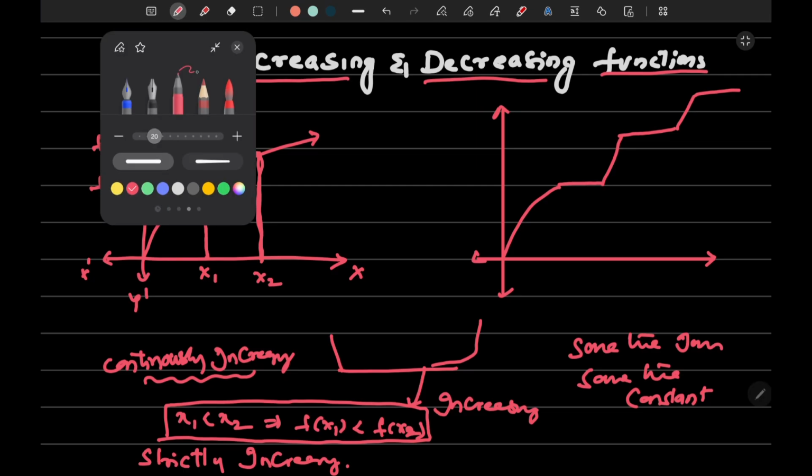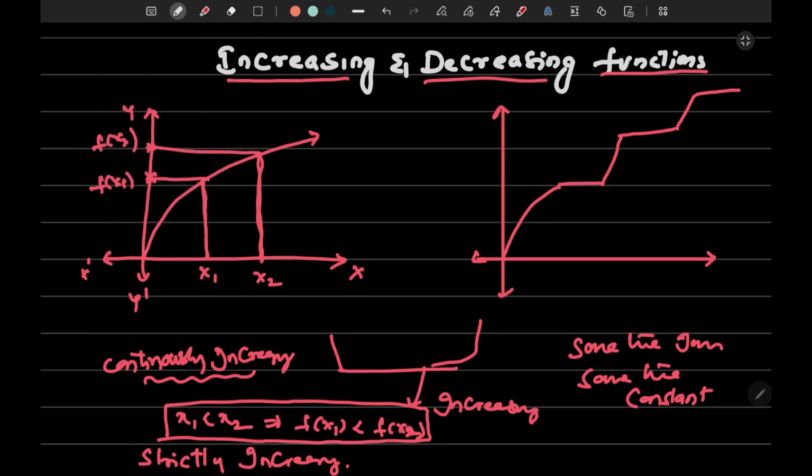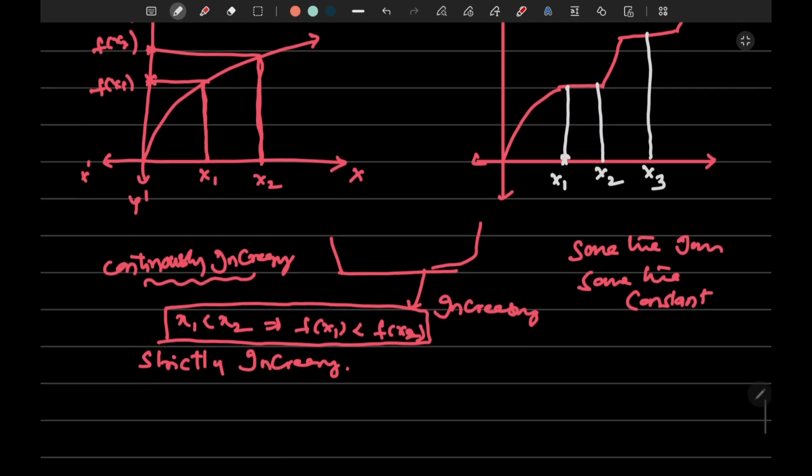What is the second case here? Suppose you see here, I'm taking three elements. One is x1 here, one is x2 here, and one is x3 here. What is the relation between x1, x2, x3? x1 is less than x2 is less than x3.